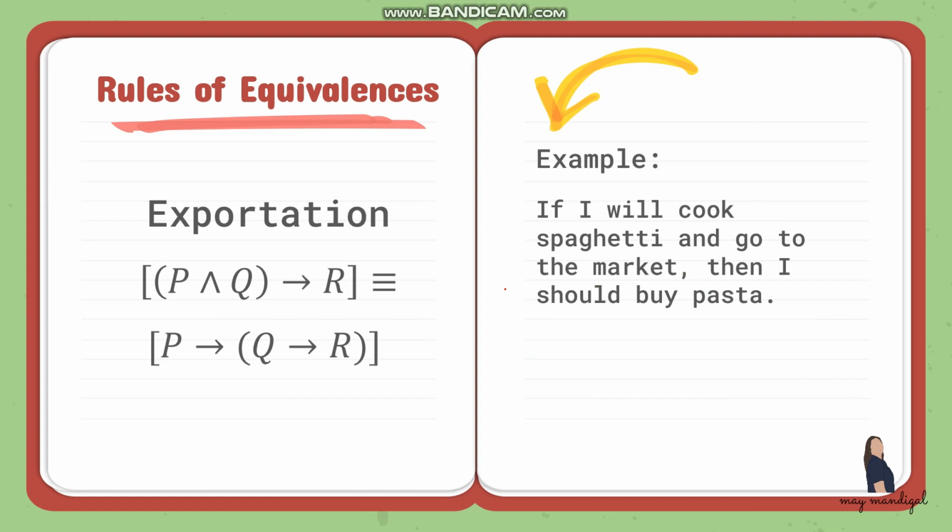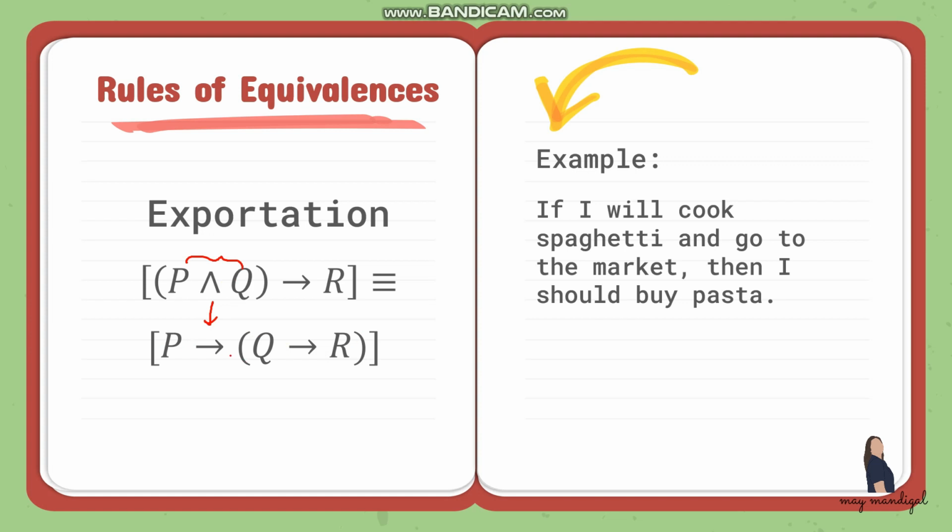And for the last one, we have exportation. In exportation, we have here a conjunction for our antecedent. So P and Q, then R. And then all we have to do is change the conjunction to implication, and the grouping symbol will now go with the second and the third proposition.